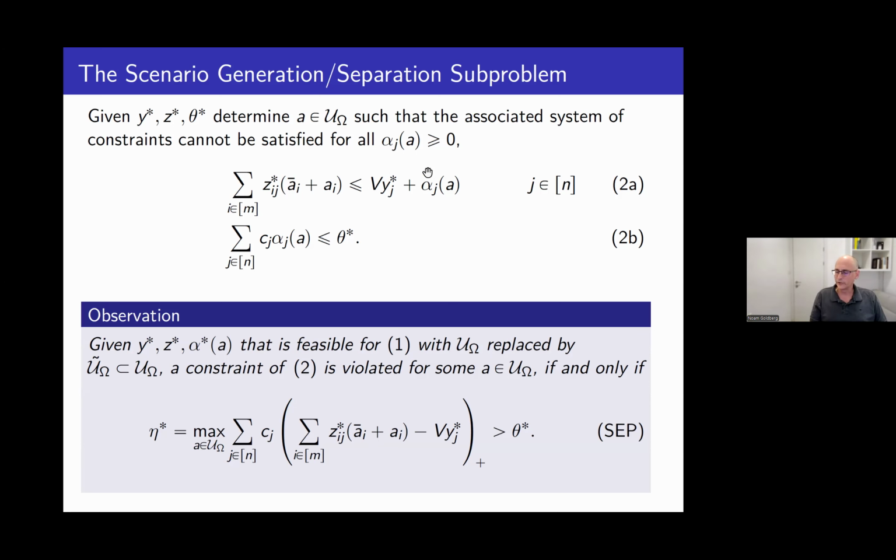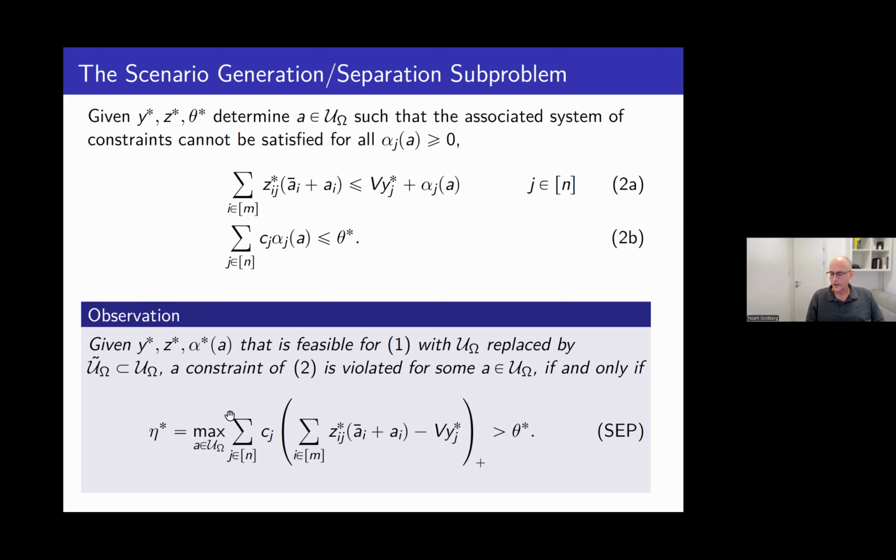Okay, so just by moving things around, we can see that this amounts to just maximizing this objective. And we can rewrite this, get rid of this overtime variable by moving things around. It's just equivalent to solving this subproblem, maximizing this objective for A's in our uncertainty set.